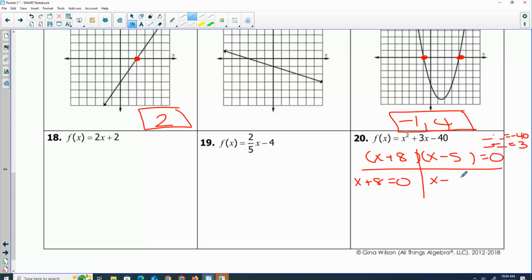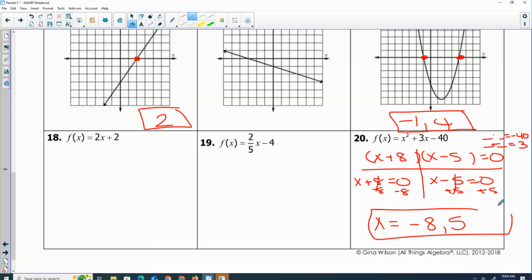So whether you worked it out or used Desmos, you get the same thing. And both options are available to you for that test. All right. Any questions there?